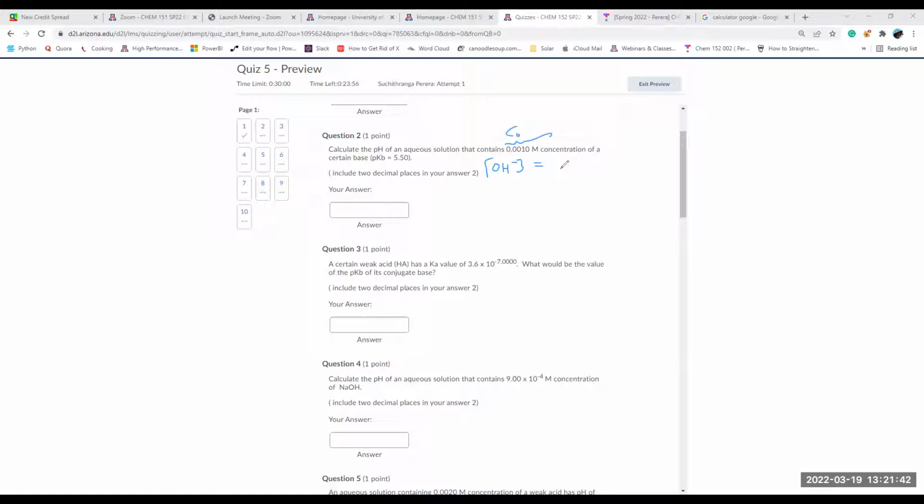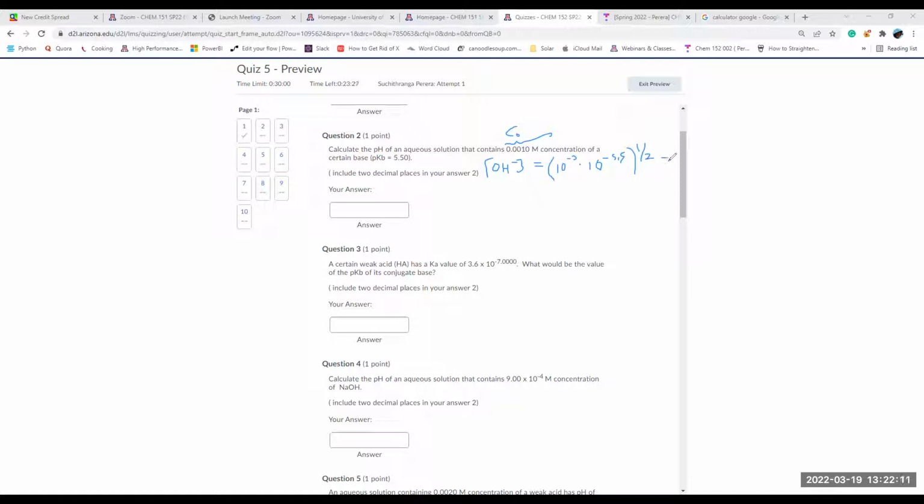I'm going to write 10 to the power of minus 3, multiplied by the Kb, which is 10 to the power of minus 5.5. And then we have to take the square root of this entire thing.